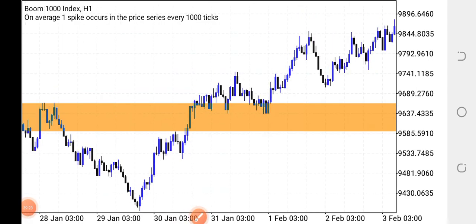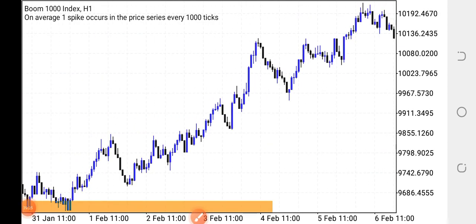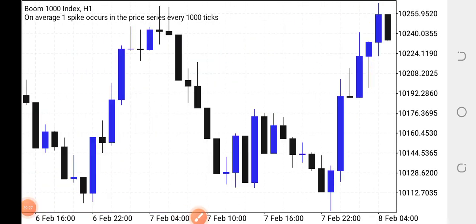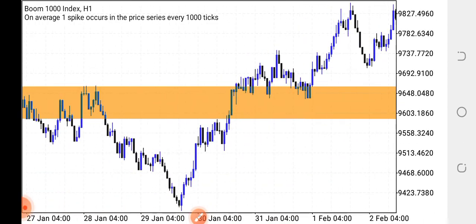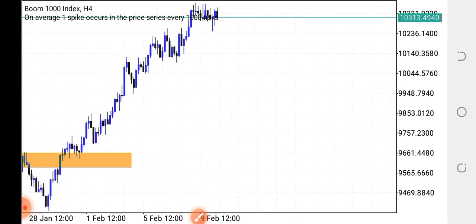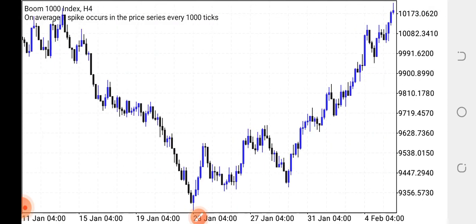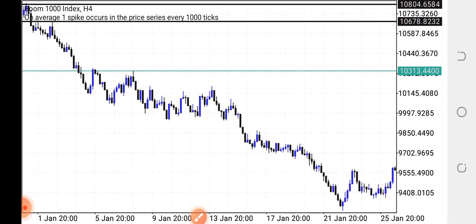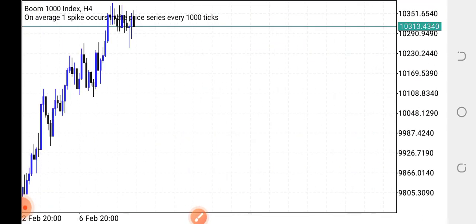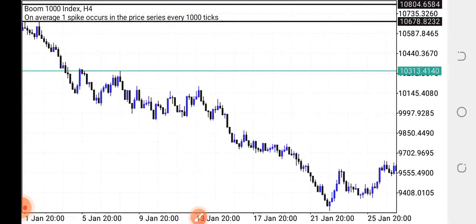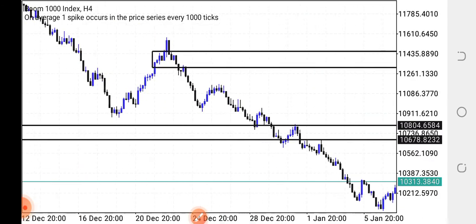After that you can see how it starts shooting up. So it's very clear and very simple. Just for you to understand, when you see all these patterns, most times they're not commonly seen, but when they are seen, we don't joke with them.